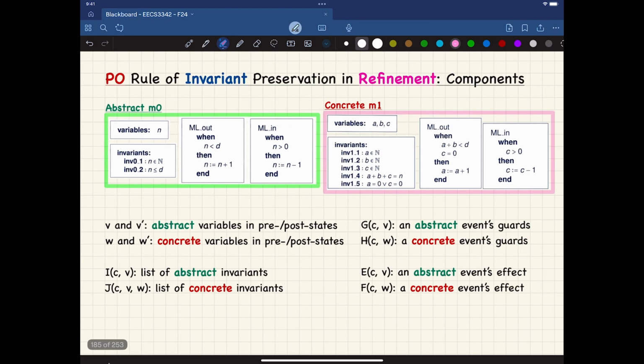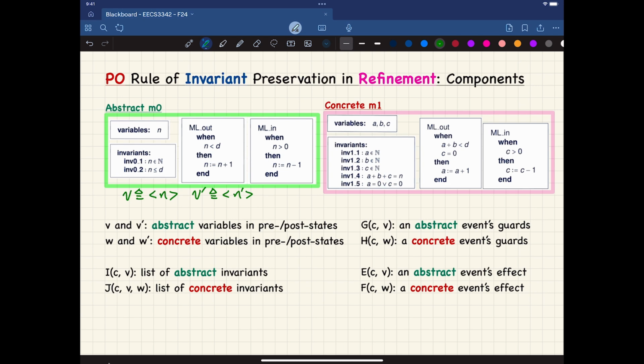First of all, let's talk about the variables. Here I have the initial model, abstract, and the first refinement, the concrete model. Let's recall the details quickly. We know that V is, by definition, simply N. And V prime will be the post-state value, which by definition is N prime.